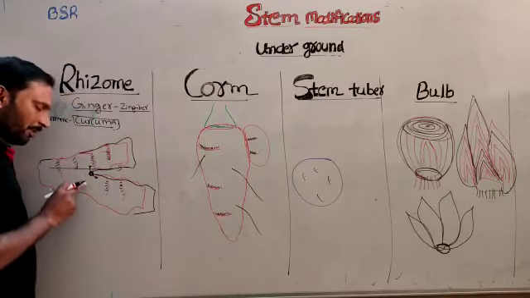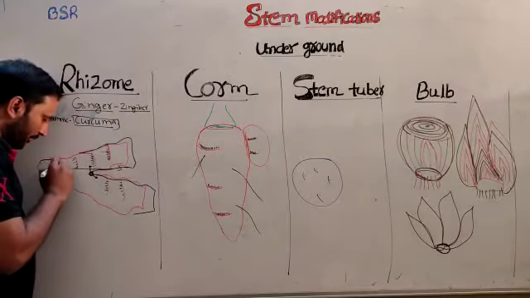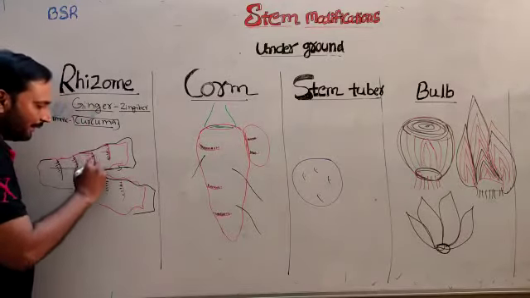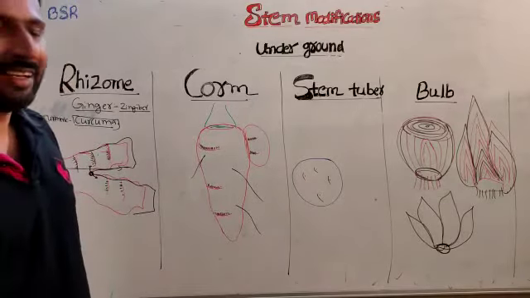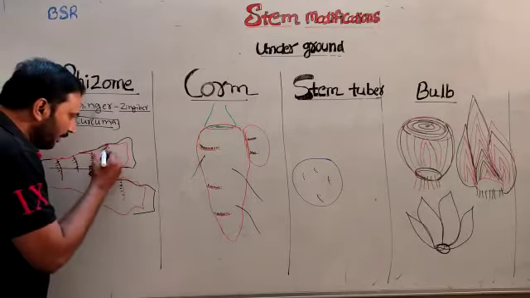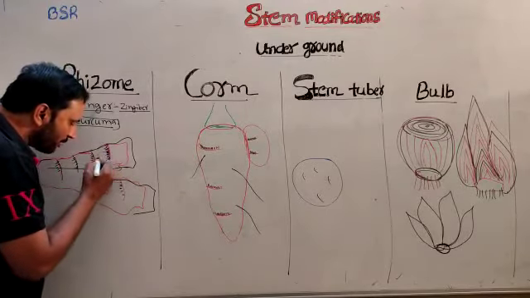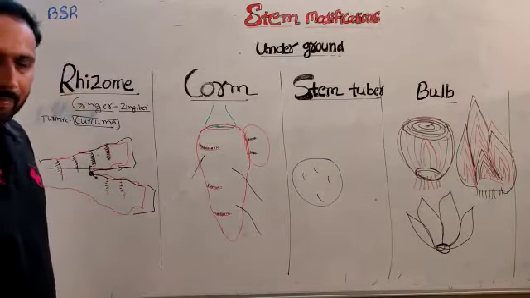The stem is differentiated into nodes and internodes. When nodes and internodes are there, that is clearly called a stem. At every node, the scale leaves are also present.